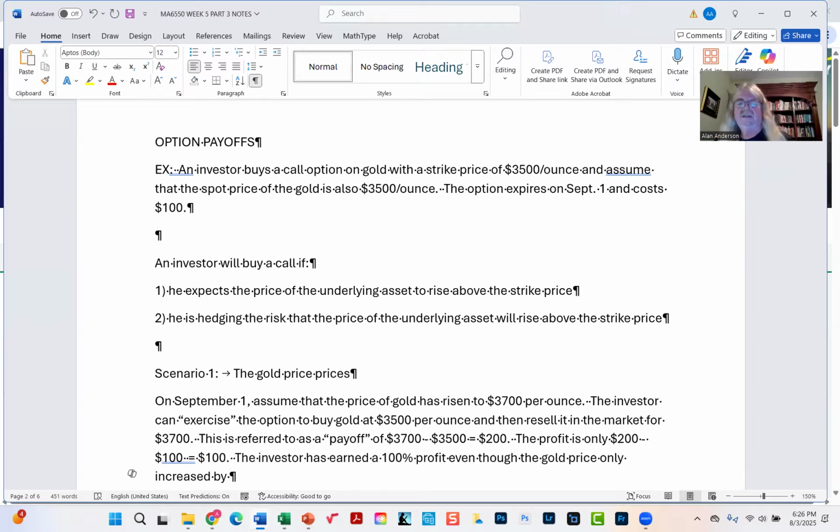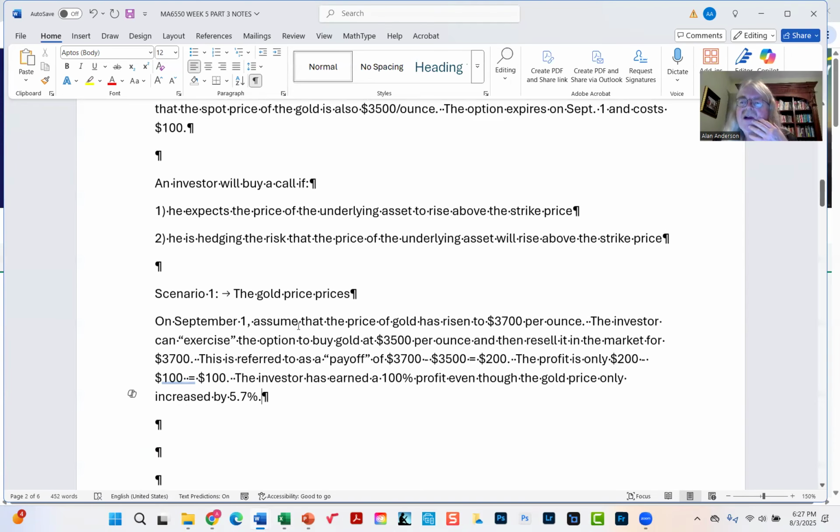Look at that. And that turned us into 100% profit. We paid 100, now we have 200. That means we doubled our money. Look at that. It didn't take much. So we have a payoff here and we have a profit. We need to keep track of the distinction between the two.